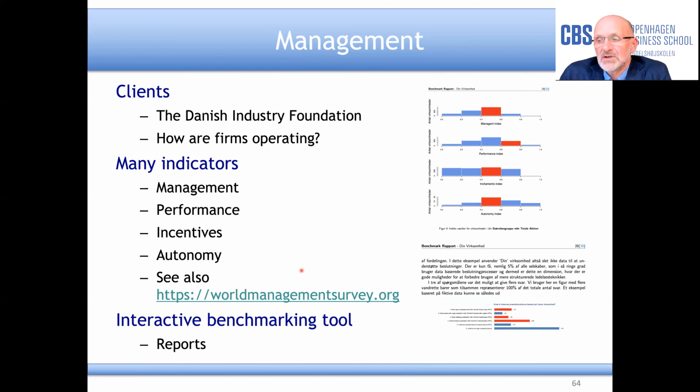What we do in this project is that we have asked a lot of companies about these questions, and then we sent them a report telling them how they are in terms of their management style, their performance style, the incentive index, and the autonomy index. And we also give them more details about, for example, these are different things that the performance-based payment can depend on.